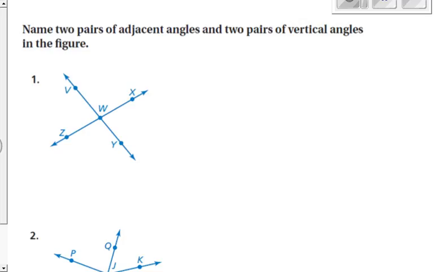The next example says, name two pairs of adjacent angles and two pairs of vertical angles in the figure. So that means we need to have four angles that are adjacent and four angles that are vertical. So we're going to start with adjacent. So let's say we choose the angle YWX.